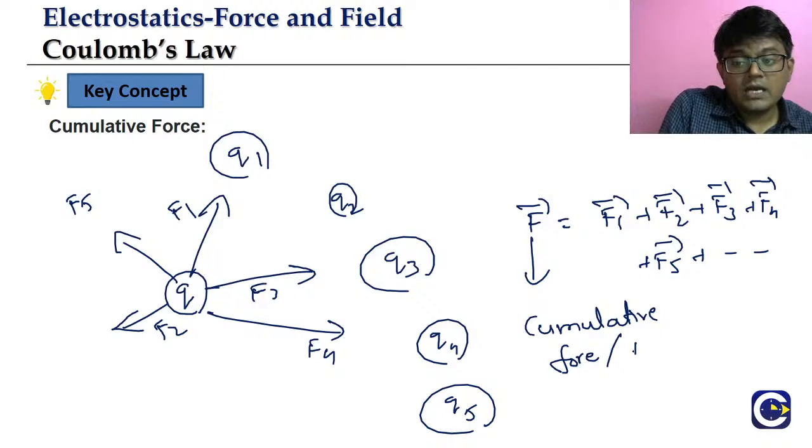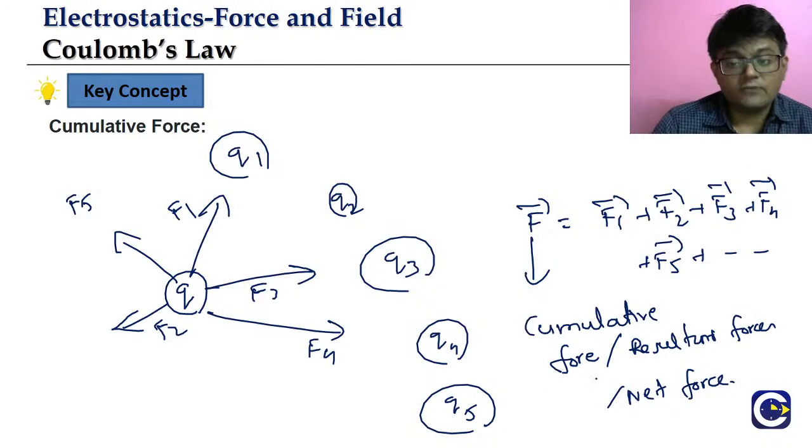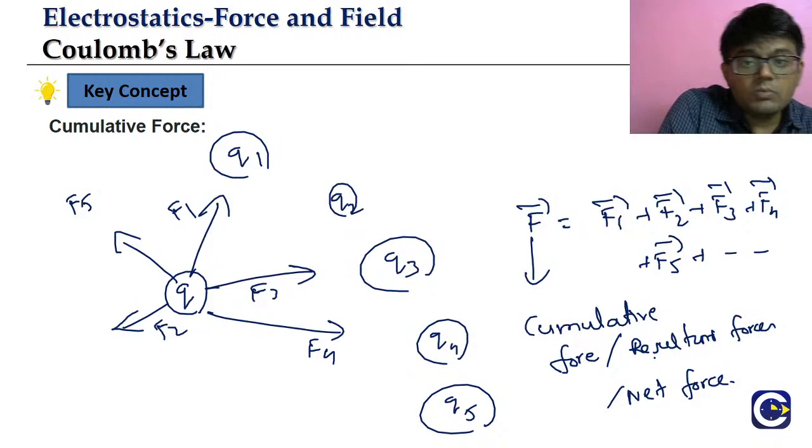We can call it resultant force, or we can say net force. Cumulative force, resultant force, or net force. Okay? That's all. This is the concept of the cumulative force or net force.